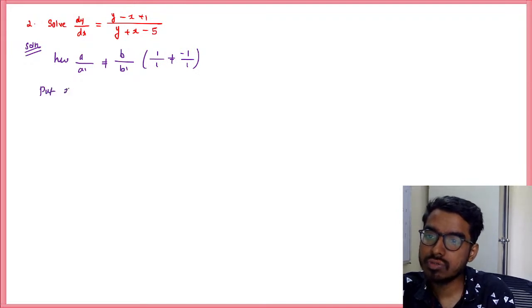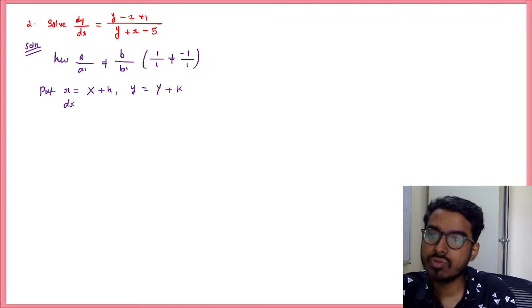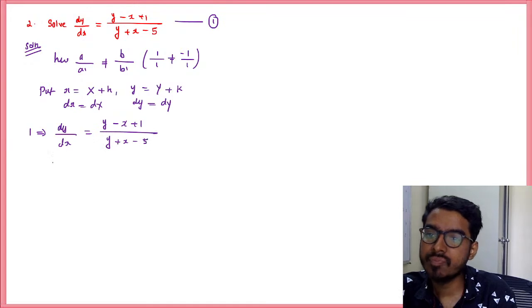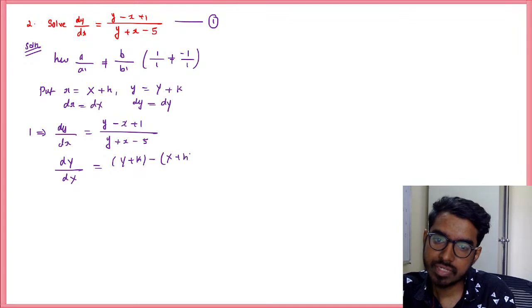So put small x equal to capital X plus h, small y equal to capital Y plus k. Therefore dx will be capital dX, dy will be capital dY. Let's call this 1. Now 1 becomes dy by dx is equal to (y minus x plus 1) divided by (y plus x minus 5). So this will be capital dY by capital dX, with y being capital Y plus k and x being capital X plus h.